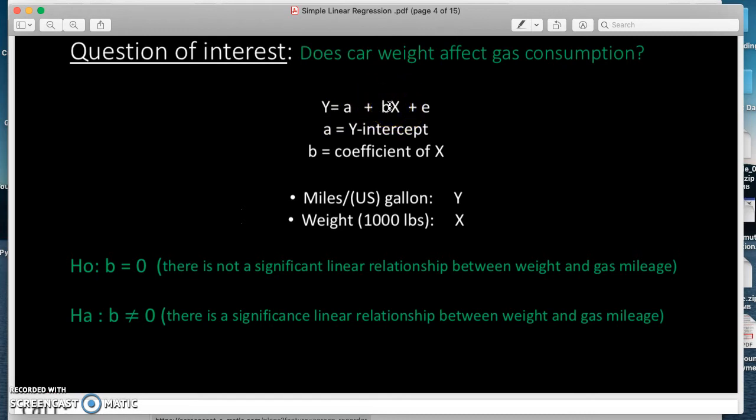The alternative hypothesis is that there's a significant linear relationship between the two. We can get this coefficient, then use the p-value, the r-squared, and the f statistic to decide whether this result makes sense or not.